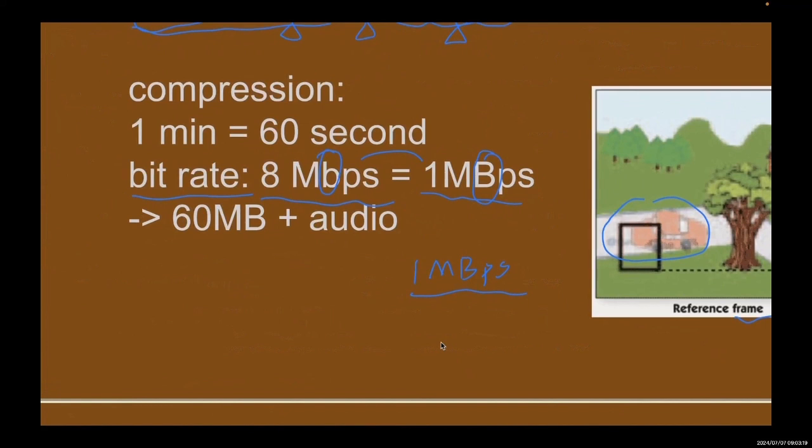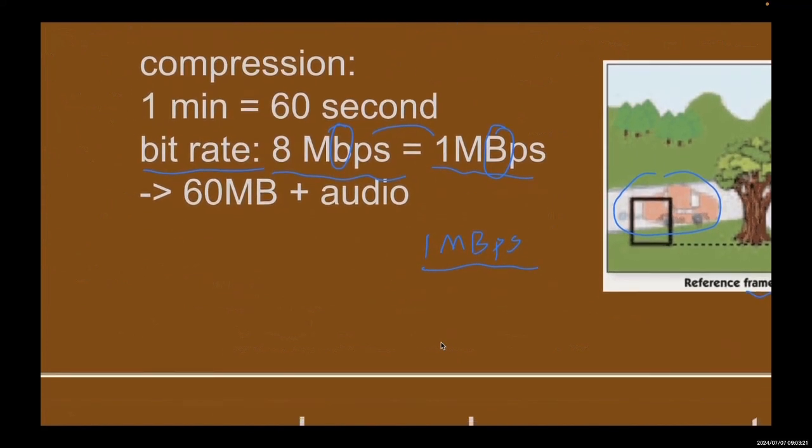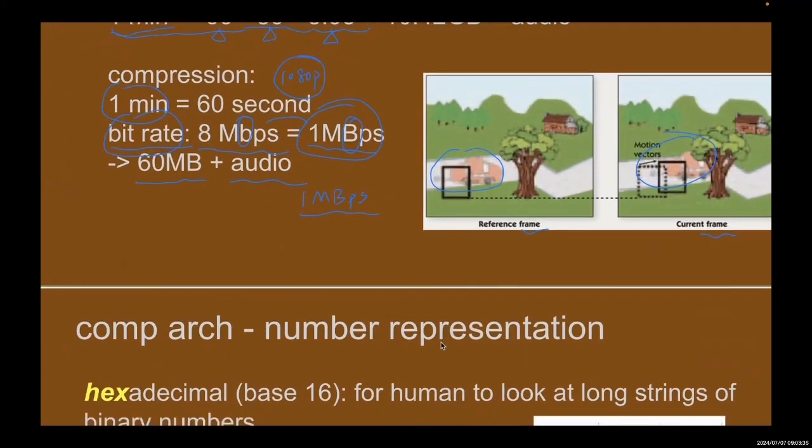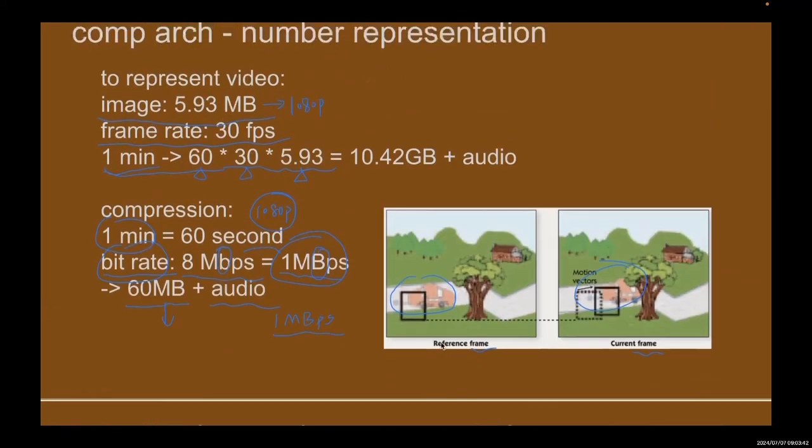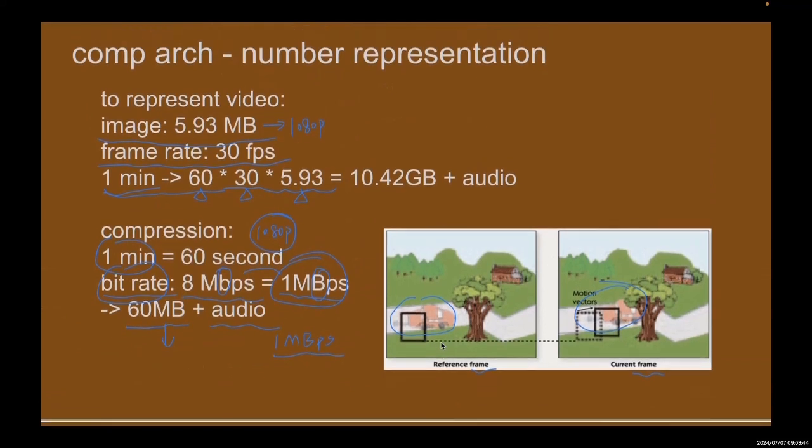Okay, so this is bit rate. In this way, 1 minute's video with bit rate 1 Mbps is about 8 MB, and plus audio. That's a lot smaller, and it's normal in our computers, right? Okay, so that's how we represent videos.